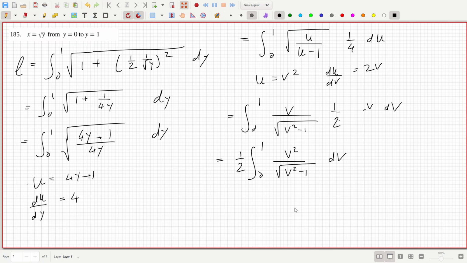If I was to use w equals root v squared minus 1, then dw dv would be a half, 1 over root v squared minus 1, times 2v, so the 2's would cancel. So dv would be root v squared minus 1 over v.